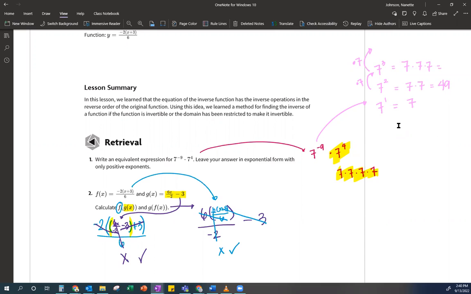Now, here's the interesting part. If you notice, this is not being multiplied by 7. If I go down this way, it's actually being divided by 7, which is a good thing for us to remember, because that's how we get one of the proofs for 7 to the 0, and also for our negative exponents here. So I'm going to keep going down.